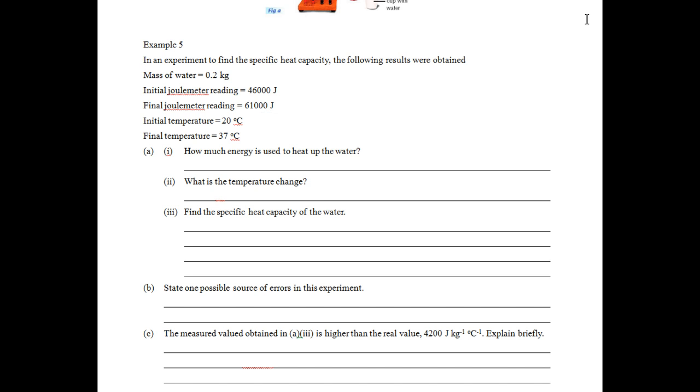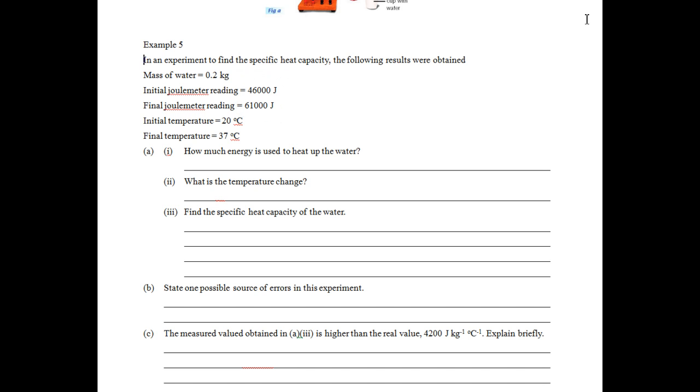A1. It asks us how much energy is used to heat up the water. Well, we can just check the reading of the joulemeter. In fact, the difference between the final joulemeter reading and the initial joulemeter reading is the energy used up.